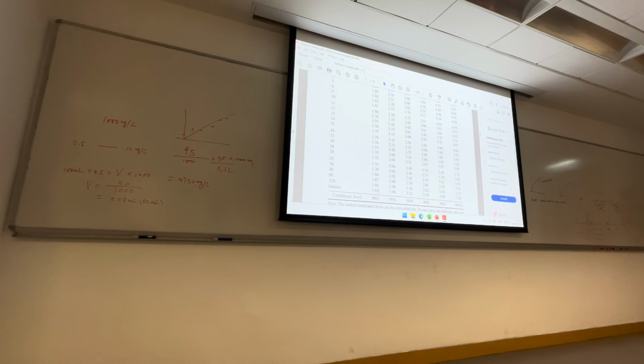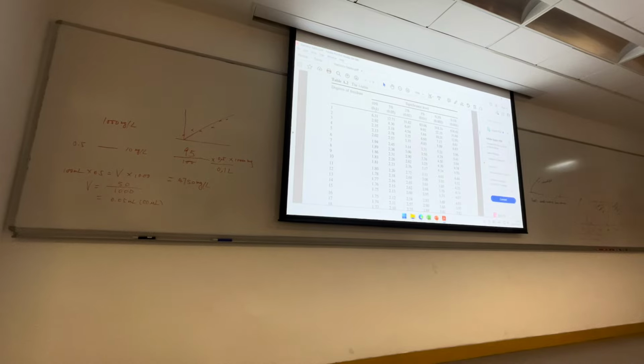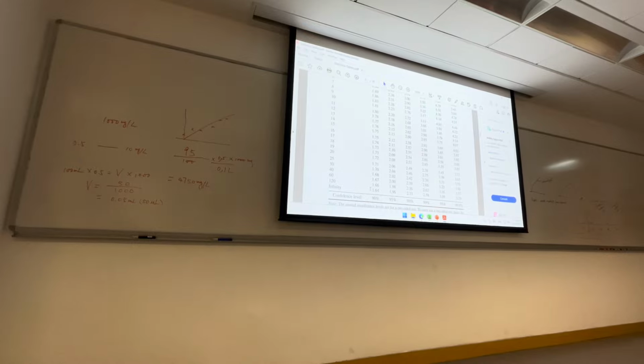Yes, here. Infinity. If you carry out an infinite number of measurements of your blank, then the error will be 5%. Because it is one tail, so we look at the 10. So this will give you 1.64, okay?